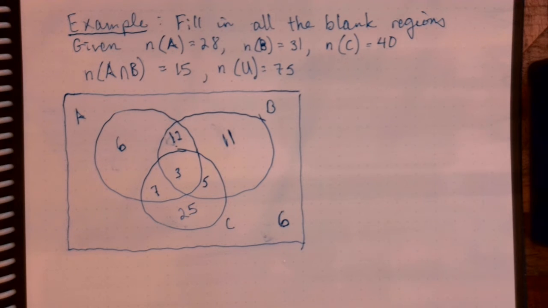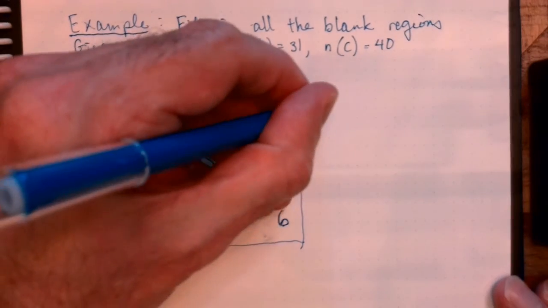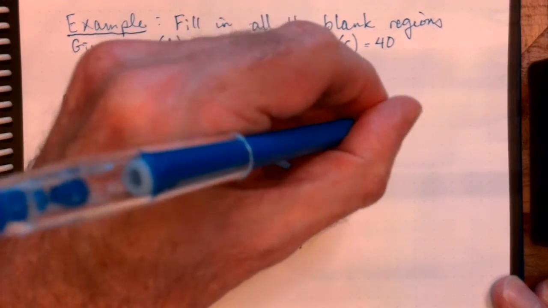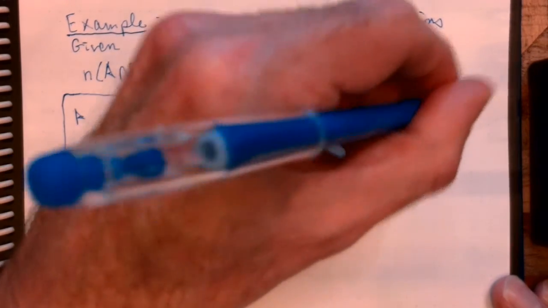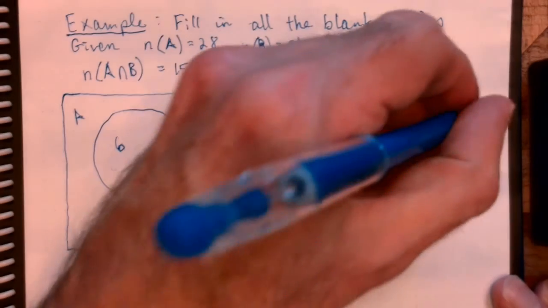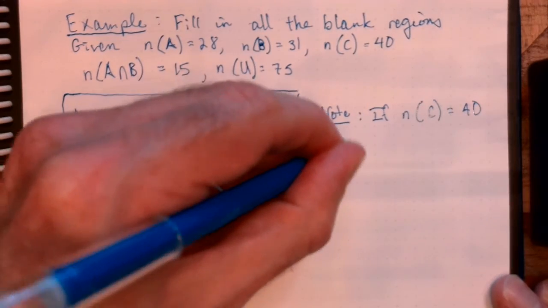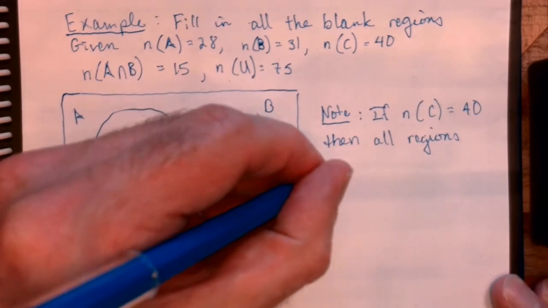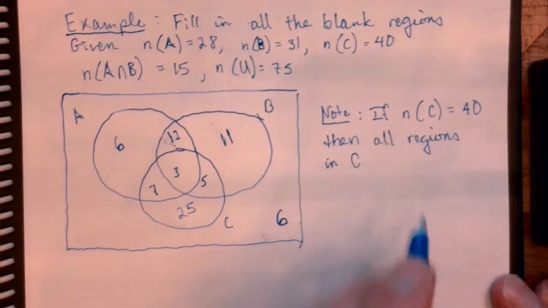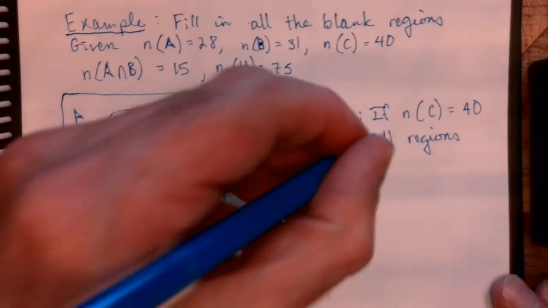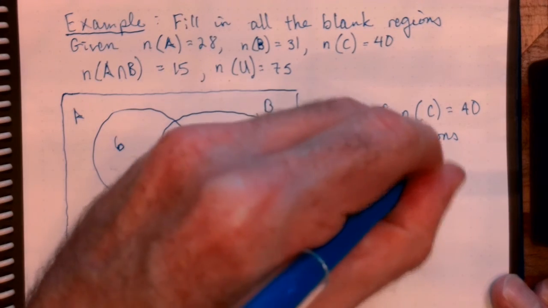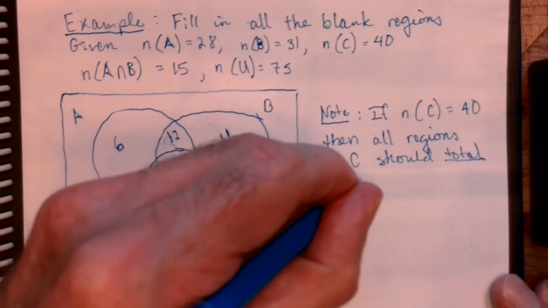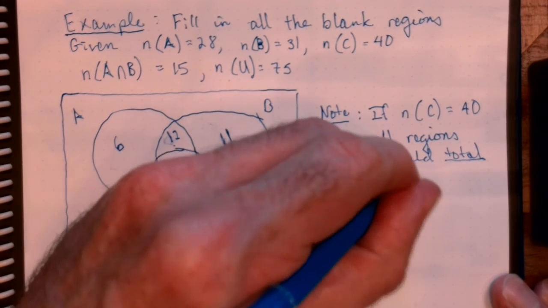So just some notes here. If the number of things in C is 40, like they tell us, then all regions in the circle that represent C should total up to 40.